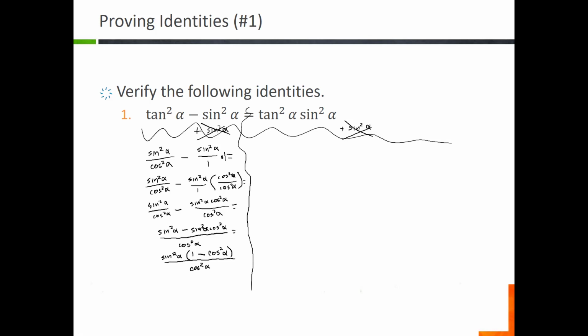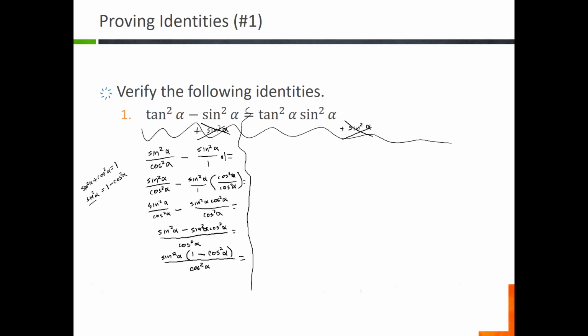You may already see where we're going now. I have a sine squared alpha. I have a 1 minus cosine squared. We've already dealt with this. What do we do with 1 minus cosine squared? Again, we know sine squared alpha plus cosine squared alpha must equal 1, which means sine squared alpha would be equal to 1 minus cosine squared alpha.